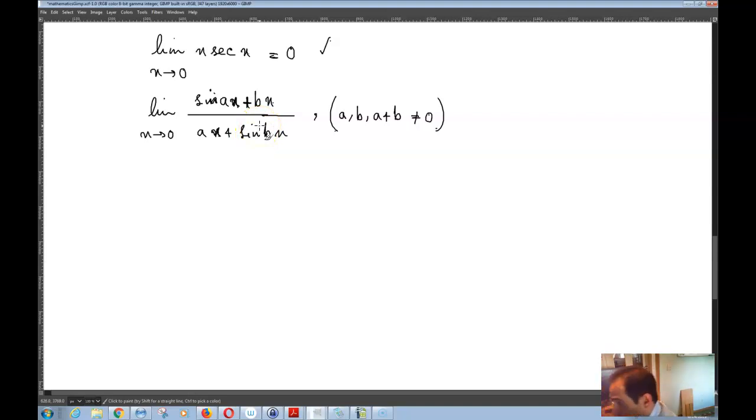Now, to solve this problem, when x tends to 0, of course sine 0 is equal to 0, and over here you get a 0 as well, so that's 0 over 0.